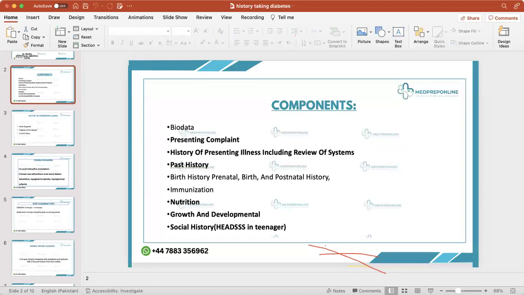And is the school administration on board about his dietary requirements? So all these things are very important to ask.